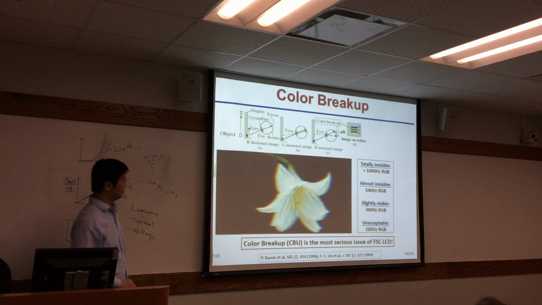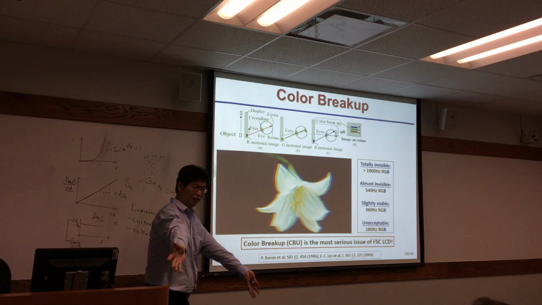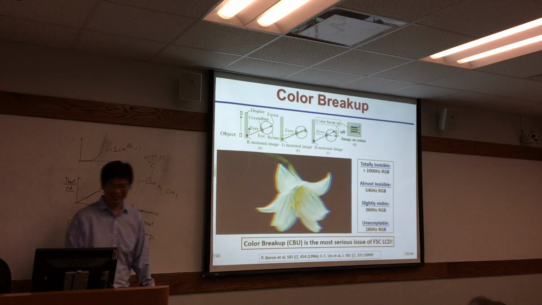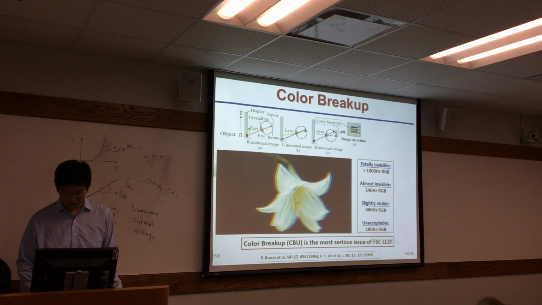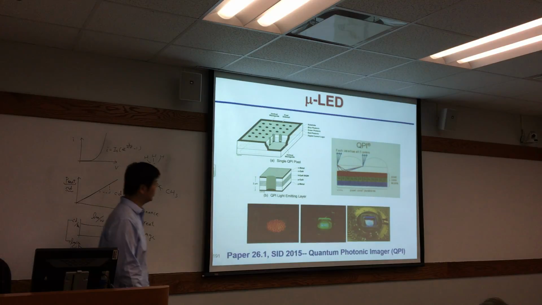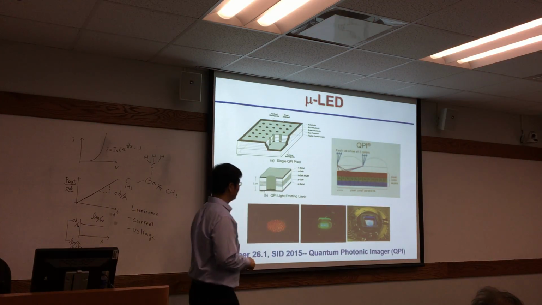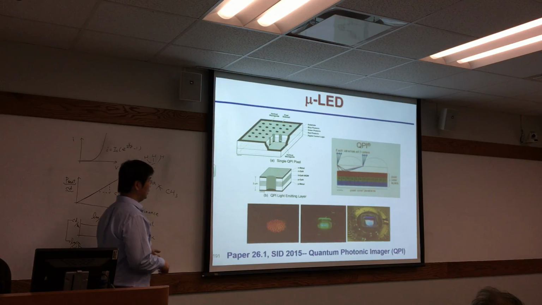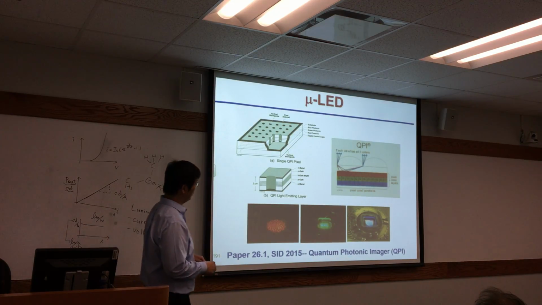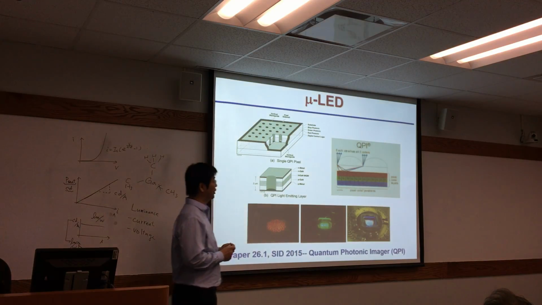The other good thing is local dimming, but I did not prepare the transparency. That would be another good thing for the contrast ratio. We did not talk about contrast ratio as well as the LCD, so we skip that. And in maybe these 2-3 years, another application is micro LED.